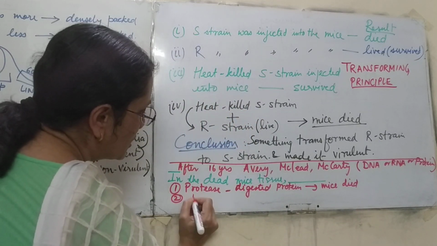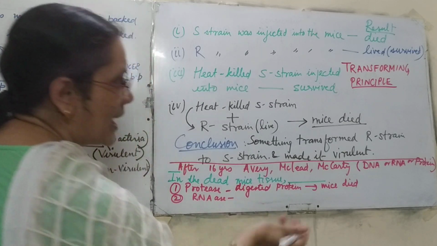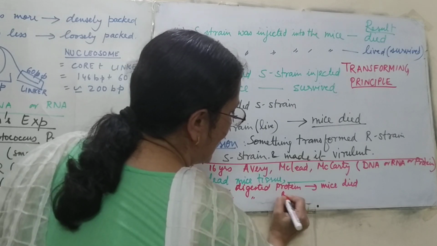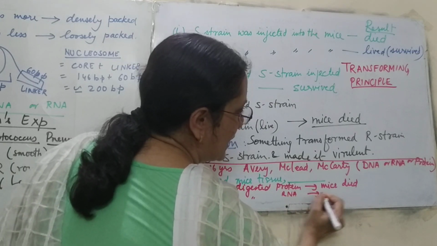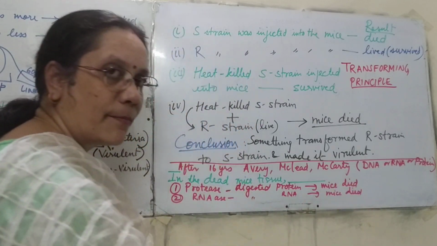Next, they used RNase, so RNA was digested. What was the result? The mice again died of pneumonia.